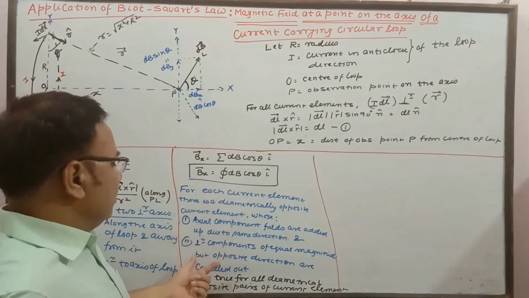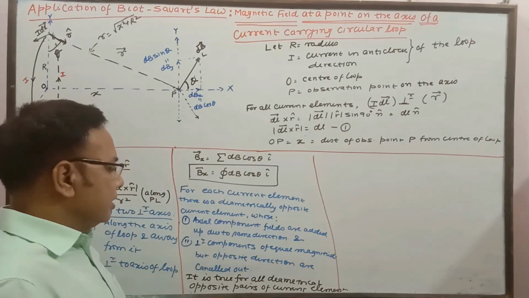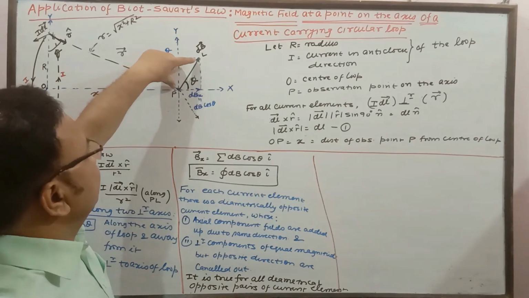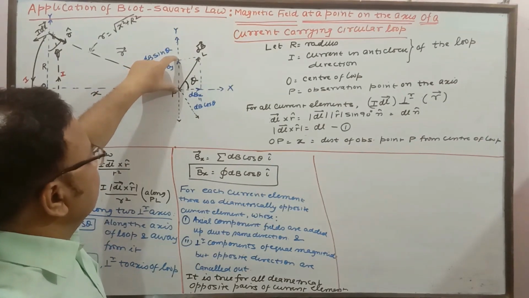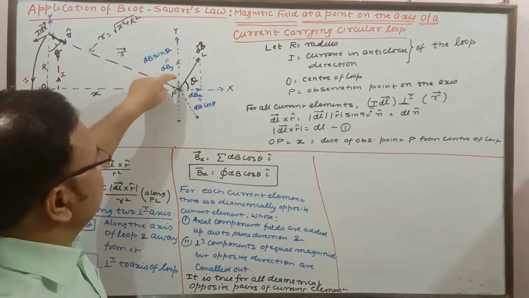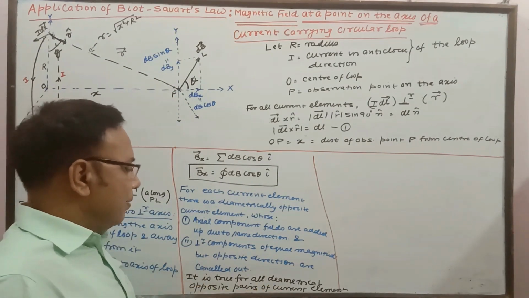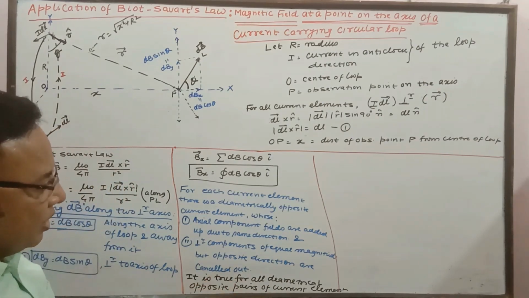But in the second case, perpendicular components of equal magnitude but opposite directions are cancelled out. Due to this field, the perpendicular component is in this direction. Due to this field, the perpendicular component is in this direction. These two are of equal magnitude, so cancelled out. This is true for all diametrically opposite pairs of current elements.